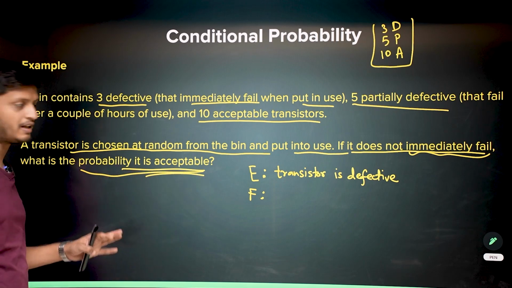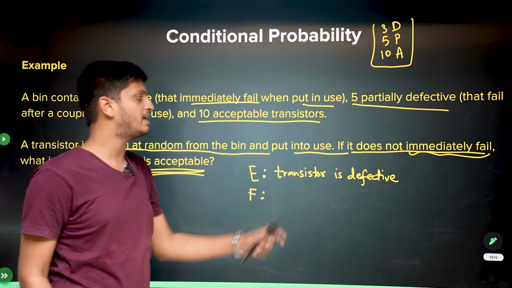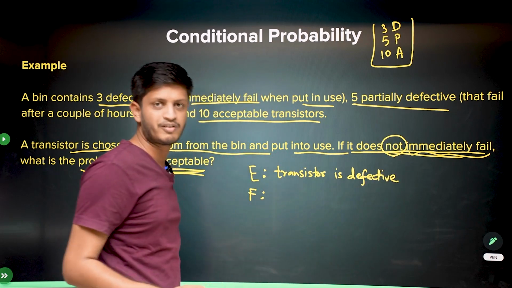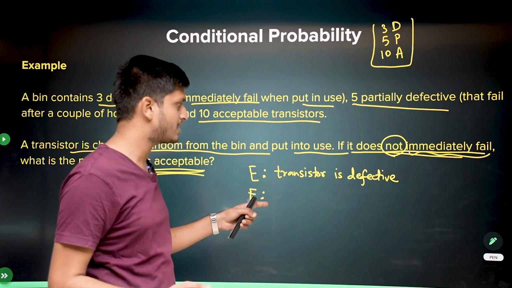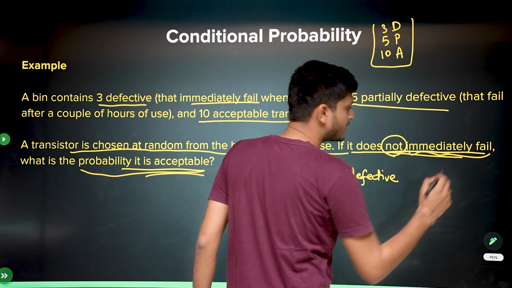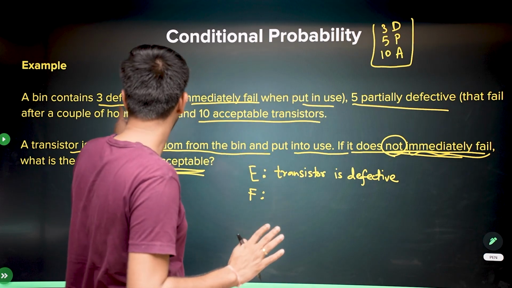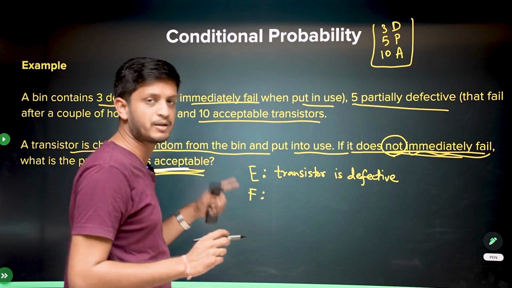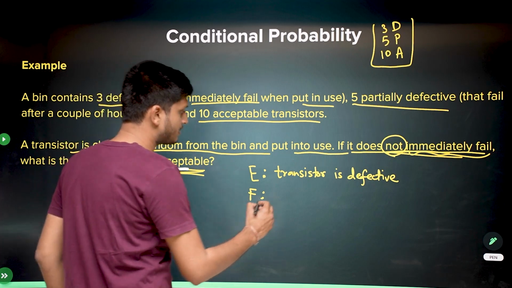In any question, just make events, then it will be easier. You can ignore the "not" right now. While creating events, don't worry about "not", because after events are created, we will just use the complement. So one event is the transistor immediately fails, which means it is defective, and the other event is that the transistor is acceptable.